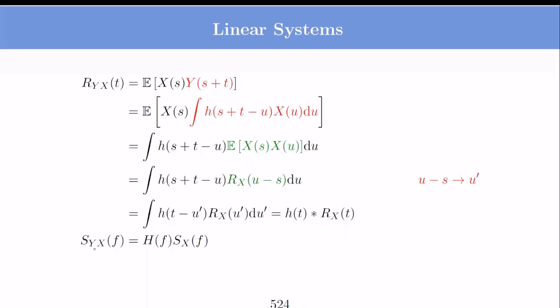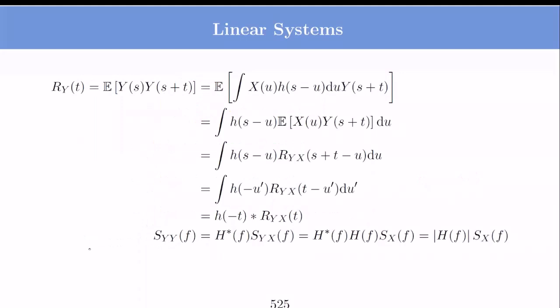So if S_yx(f) is the PSD of this, then S_yx(f) is equal to the Fourier transform of h(t), which is H(f), times the Fourier transform of R_x(t), which is S_x(f). So this is the second result: the Fourier transform of the cross correlation between x and y is the multiplication of the transfer function and the PSD of x. Sorry, this is not the cross correlation, it's the Fourier transform of the cross correlation.